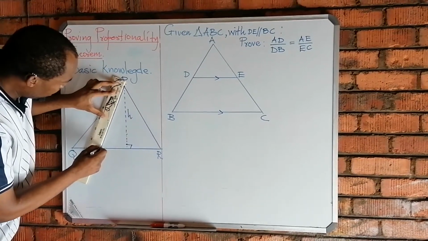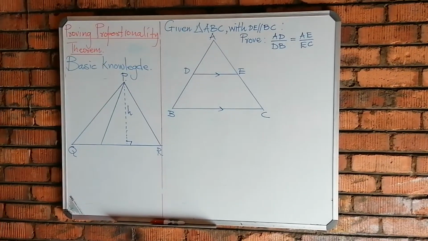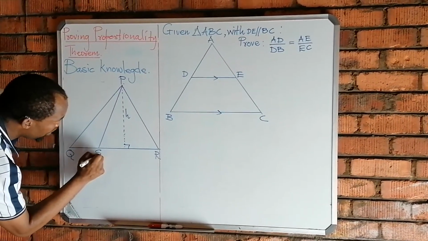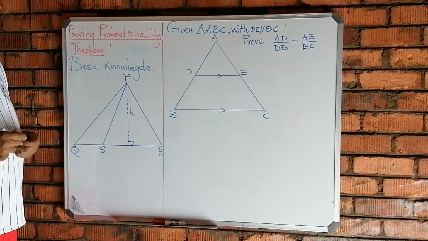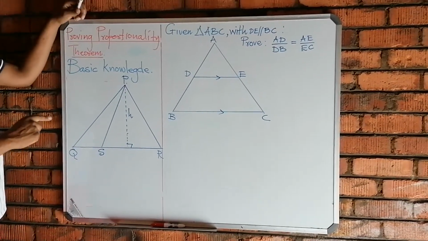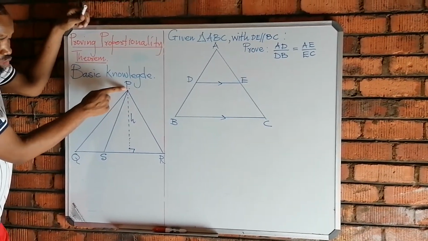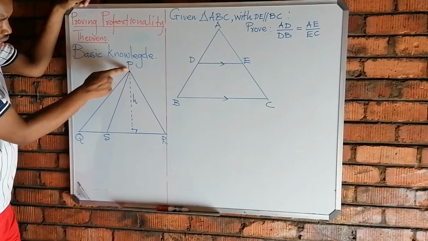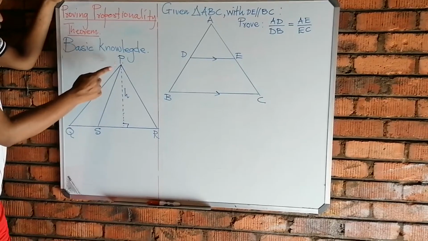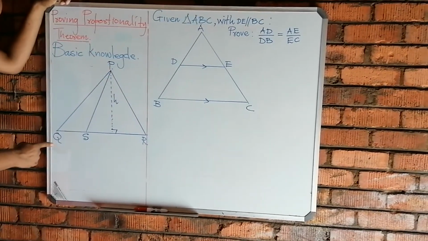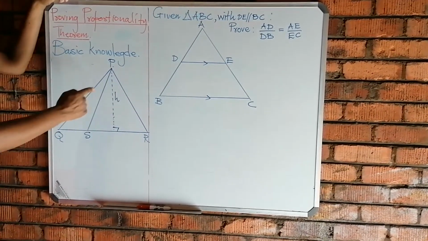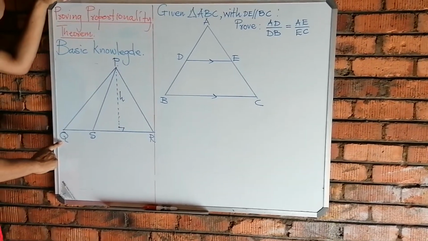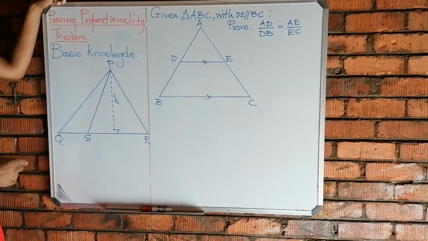I draw a line obliquely to QR. Now I put point S there. If you look at this now, from that particular vertex, I have drawn another triangle. We had triangle PQR, which had the height perpendicular to base QR.